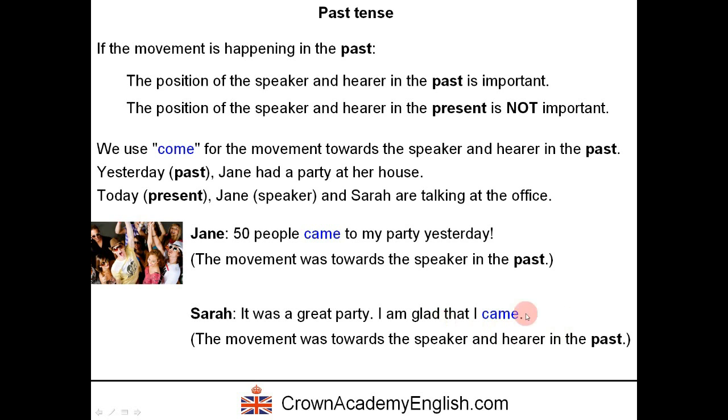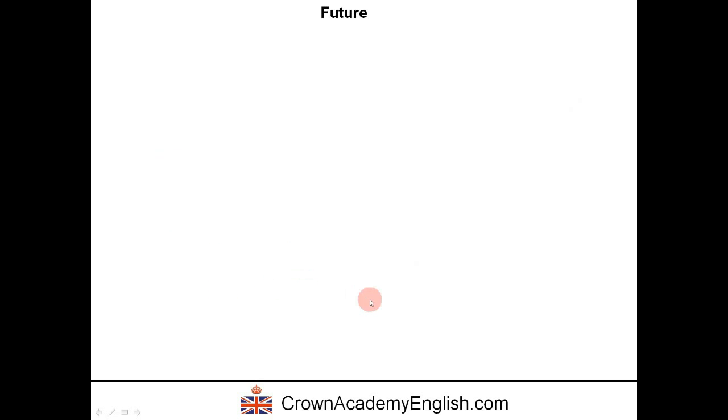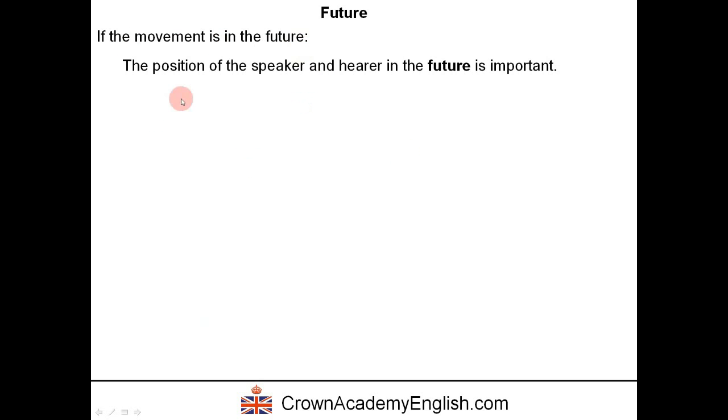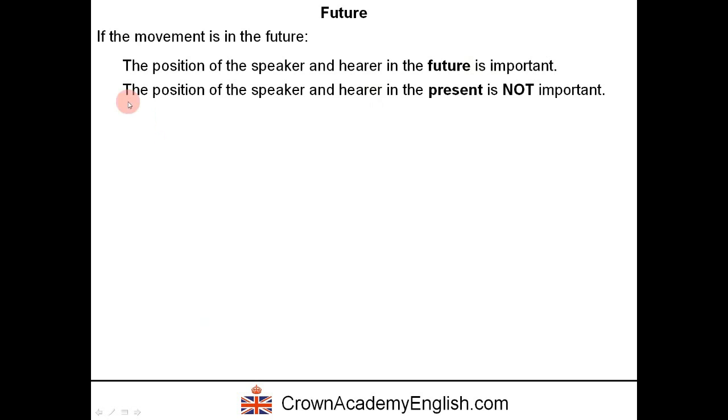It is not important where Sarah and Jane are today. That is not important. So the future is similar. If the movement is in the future, then the position of the speaker and hearer in the future is important, and the position of the speaker and hearer in the present is not important.